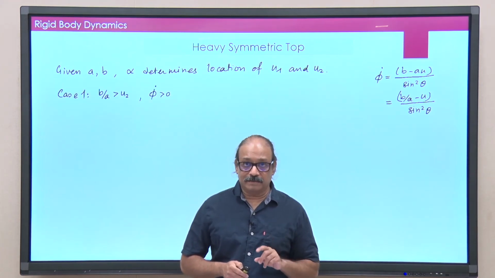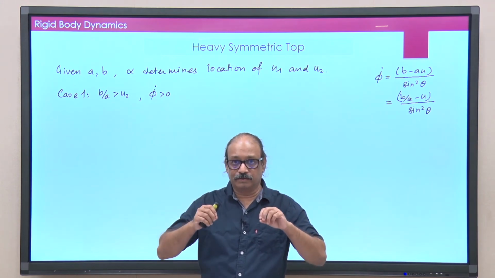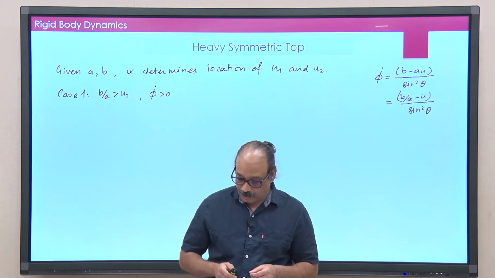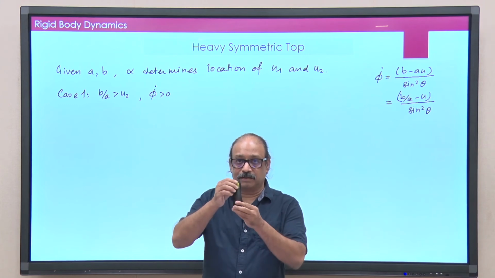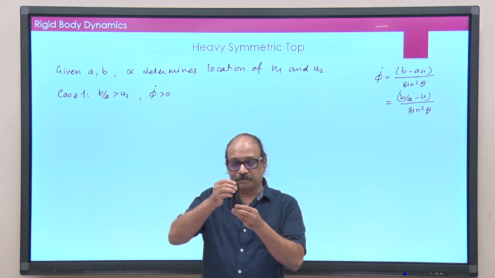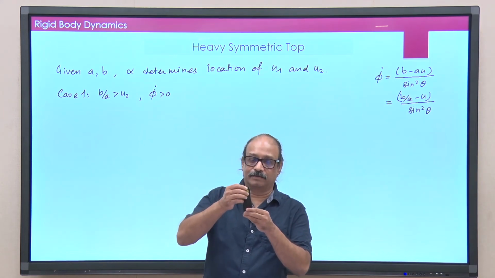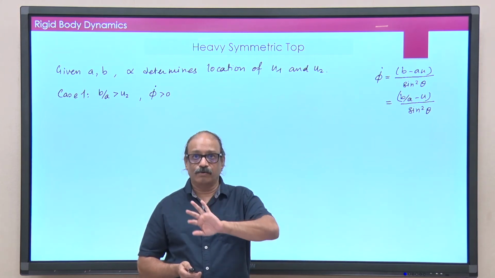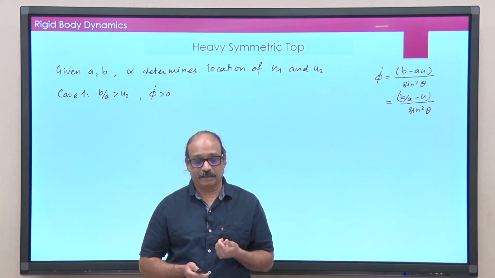In the first case, you have these two turning points u1 and u2 which correspond to two angles theta 1 and theta 2. Now, what happens at these turning points? First of all, the symmetric top drops from angle theta 1 to theta 2 and back to theta 1. So, this motion will be happening, but at the same time phi tells you how the symmetric top is precessing about the vertical axis.